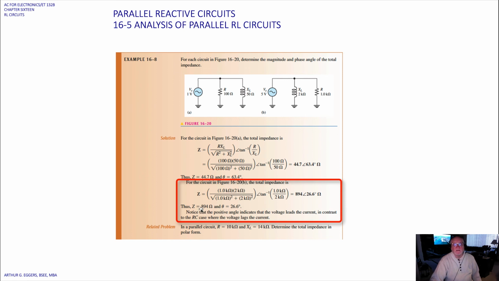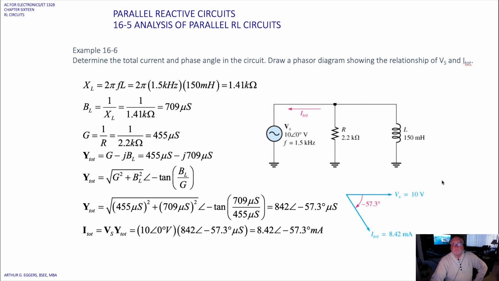So the impedance is equal to 894 ohms, the angle theta 26.6. Notice that the positive angle indicates that the voltage leads the current, in contrast to the RC case where the voltage lagged the current. Okay, when we come back, we'll take a look at this problem and drawing the phasor.